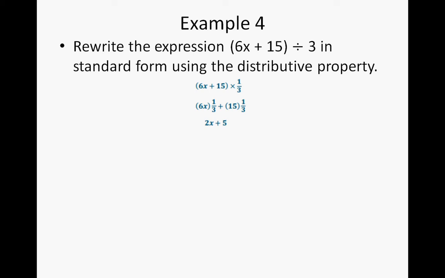So dividing by 3 now becomes multiplying by the reciprocal, which is 1/3. And when we do that, then we distribute the 1/3 by the term 6x and by the term 15. So 6x times 1/3 plus 15 times 1/3 is 2x plus 5.